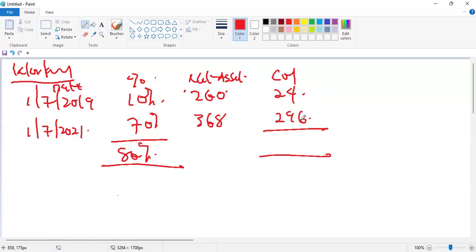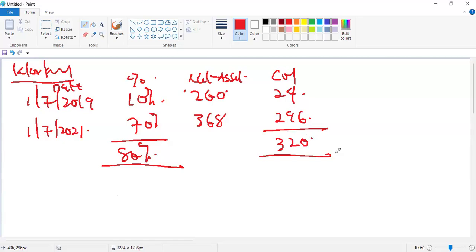24 plus 296 is 320. That goes to the non-current assets. That is what you will see. But to calculate goodwill, anybody that uses 320 will come back next night. That will not be your portion.